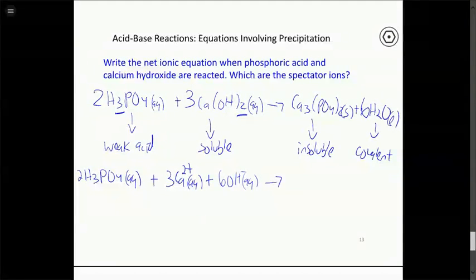And then on the product side, we don't separate anything because we have an insoluble compound which remains intact, and then we have 6 waters, which is covalent, so we don't separate that out into any ions.